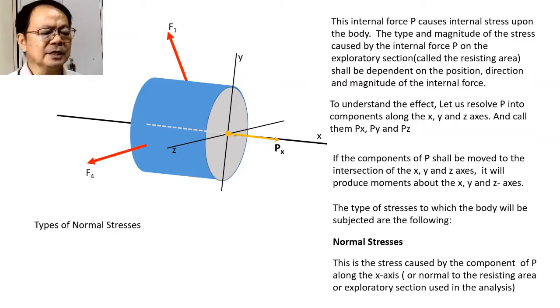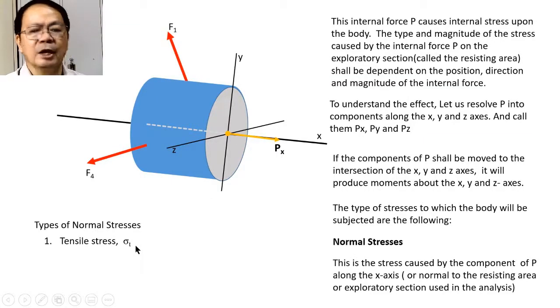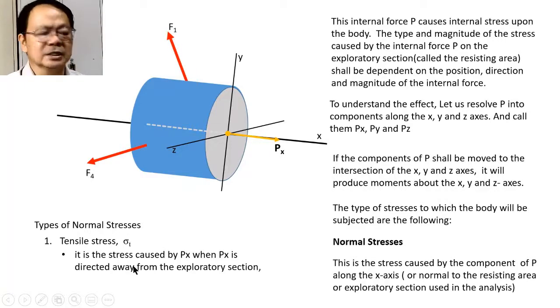And that normal stress could be either a tensile or compressive stress. The tensile stress is represented by sigma sub T, and this is caused by P sub x if P sub x is directed away from the exploratory section. Ang madedevelop daw na stress that will be caused by the P sub x shall be in the form of a tensile stress kapag daw itong P sub x is directed away from the section.